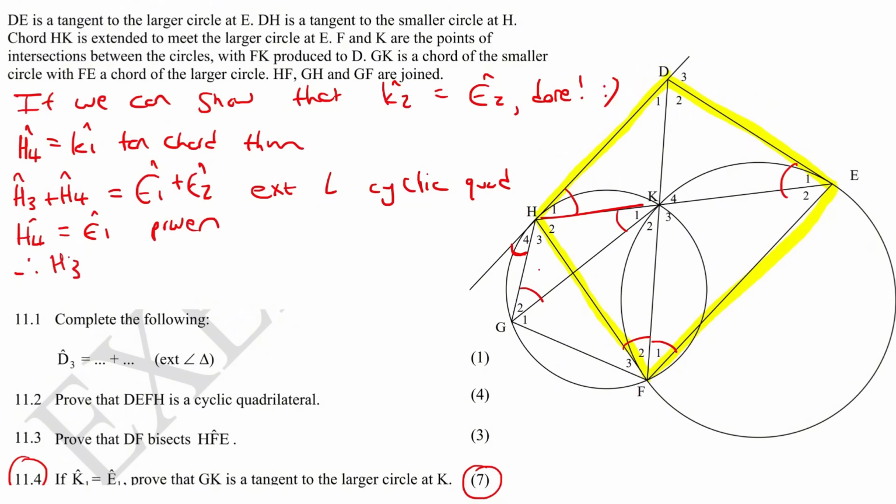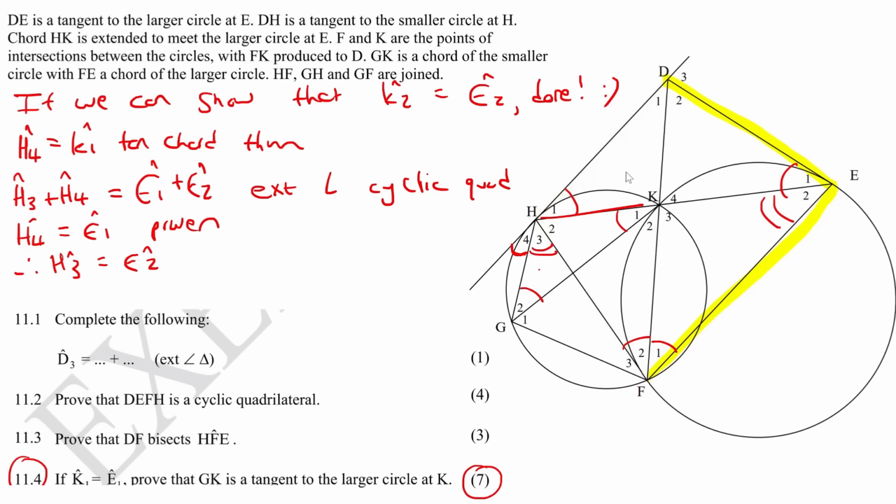So H3 must be the same as E2. Okay, so we've already got E2 slowly but surely coming into the picture. So we know that H3, which I'll do with 2 lines, because we're not saying that H3 is the same as all of these others, is the same as E2.